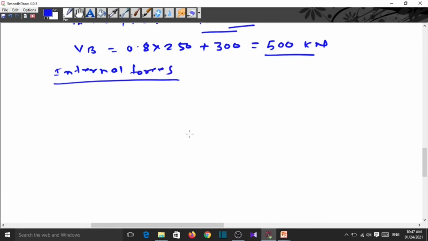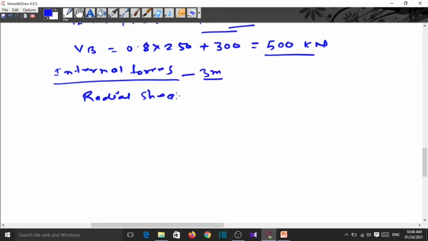First we calculate the radial shear. Now what is here? The internal forces at the location is 3 meter from the left support. So the location is 3 meter.